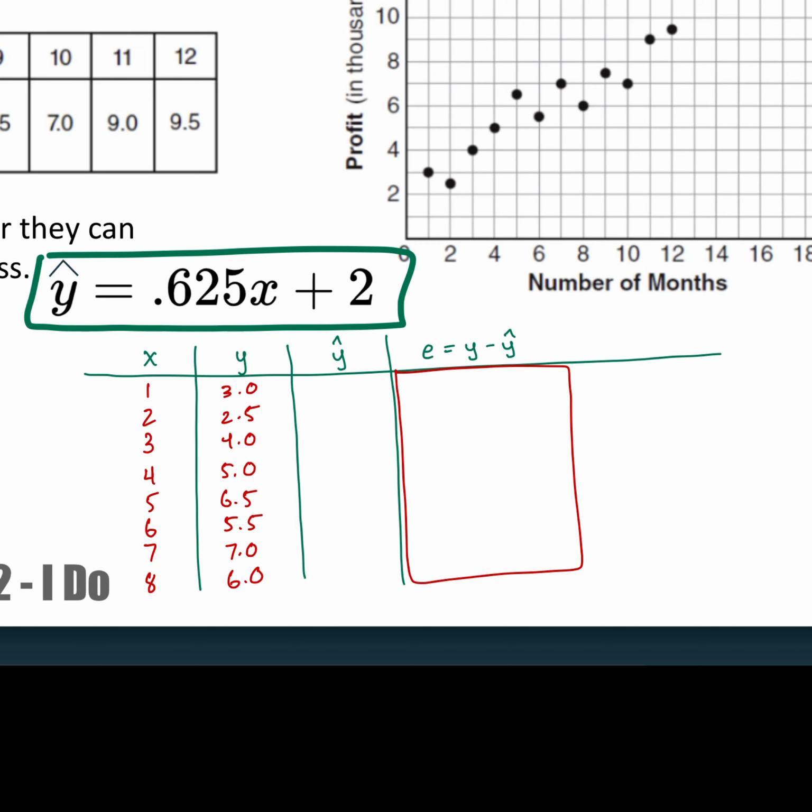Let's get the predicted. The way we get the predicted is we take our x values, plug them into our line of best fit, and whatever we get out becomes our predicted values. If you look at this, 0.625, use your calculators. 0.625 times 1 equals 0.625 plus 2, and we get 2.625.